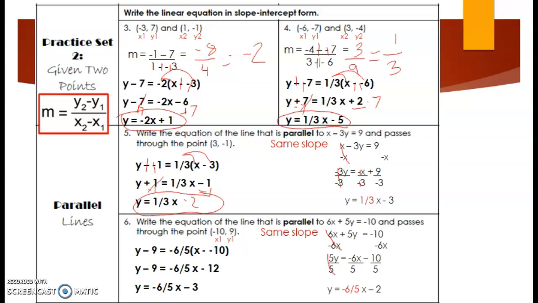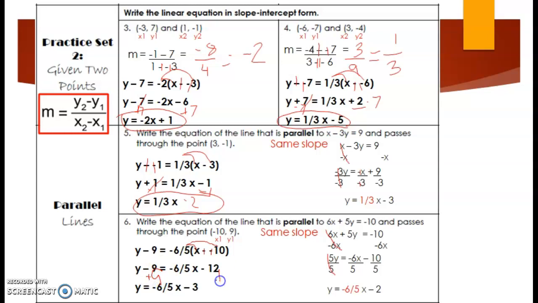Plug it into point-slope form, and we get y minus 9 equals negative 6/5 times x plus 10, because it's minus a negative 10. Distribute that negative 6/5, and we get negative 6/5 x minus 12, because negative 60 divided by 5 is negative 12. And then last step, add 9 to both sides.